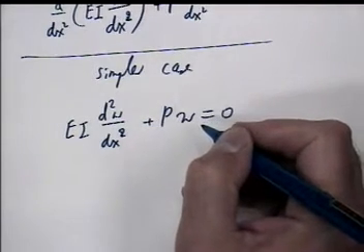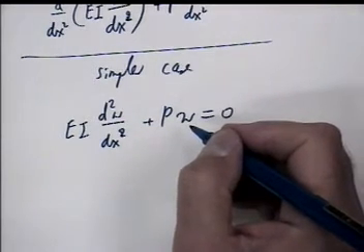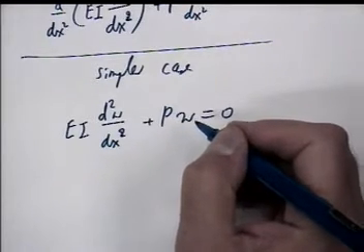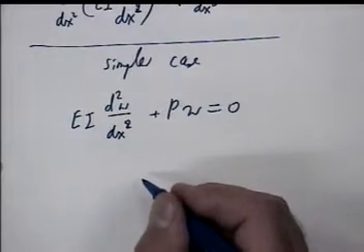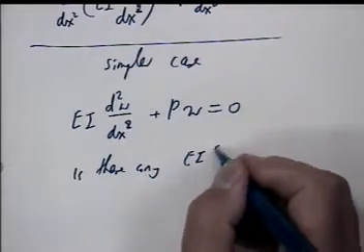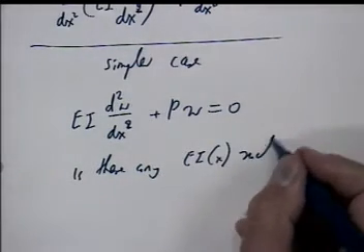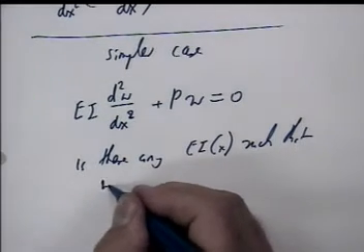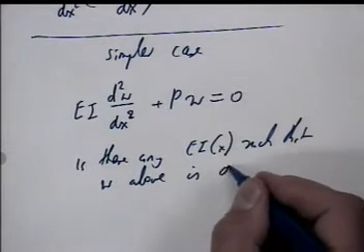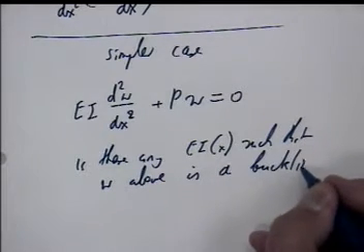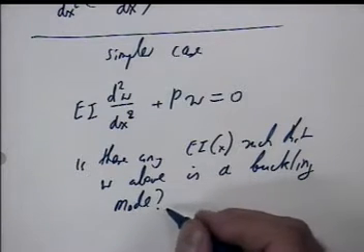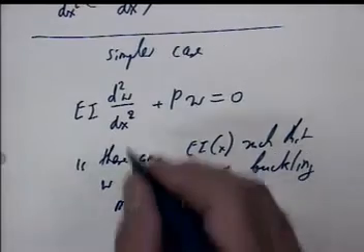Is it right? So we can actually ask as follows. Is there any EI as a function of x such that the w that we wrote before is a buckling mode? That means it satisfies the boundary conditions and satisfies this differential equation.